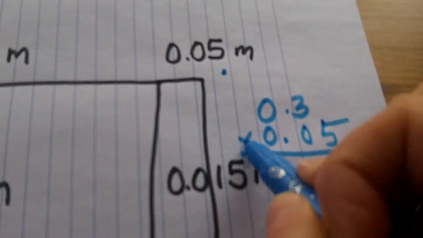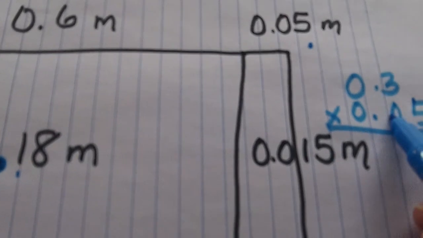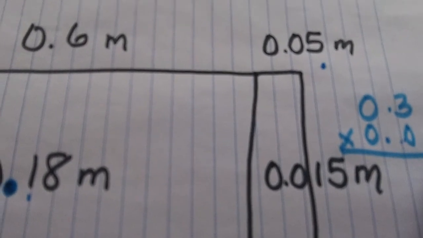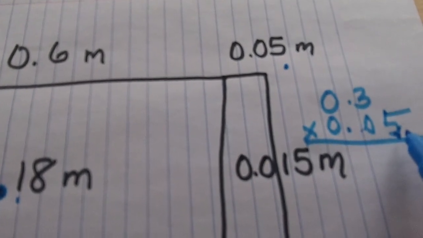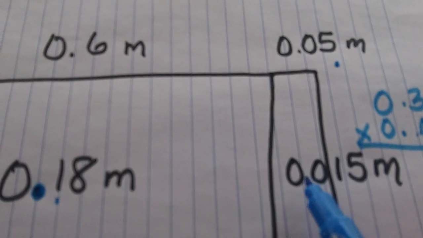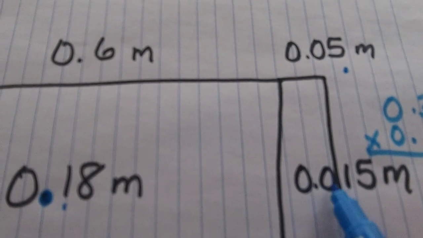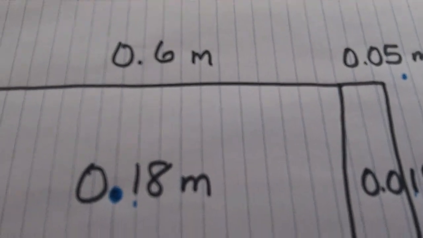Now I know that 3 times 5 is 15. But if I look at where my value is at 5, I know it's in the hundredths place. So my 15 is going to start at the hundredths place. So my value will be 0.015 meters.